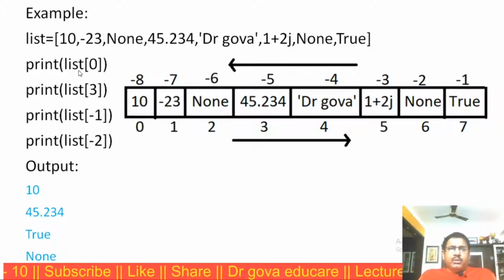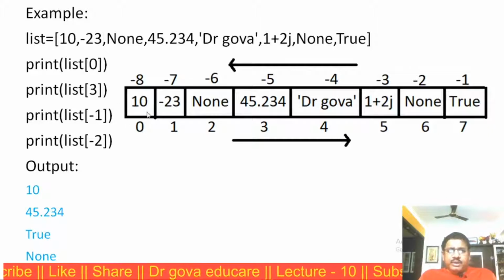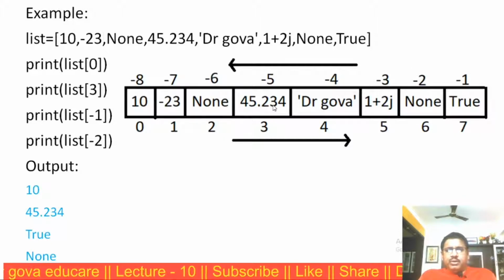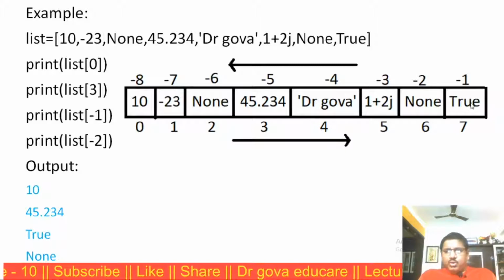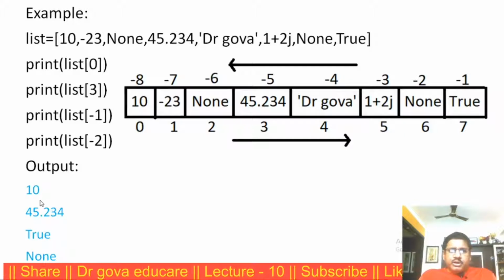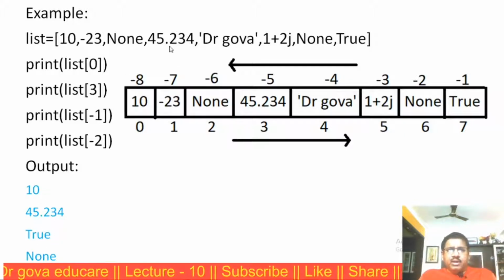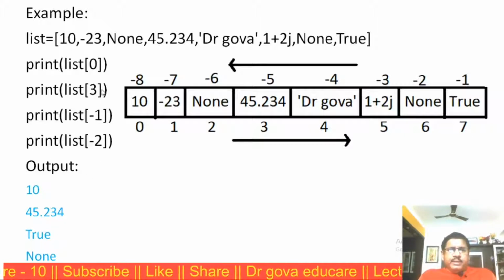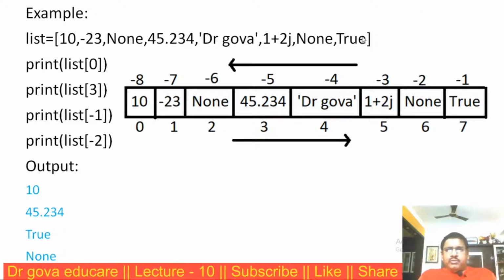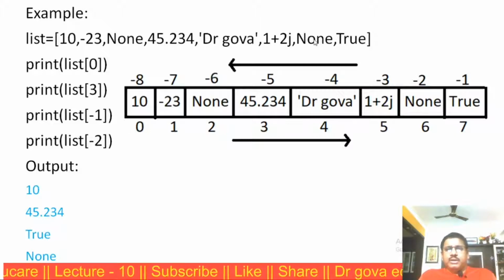Now list of 0 represents 10, list of 3 represents 45.243, list of minus 1 represents true, list of minus 2 represents none. When we execute this program, this is the output: list of 0 is 10, list of 3 is 45.243, list of minus 1 is true, list of minus 2 is none.